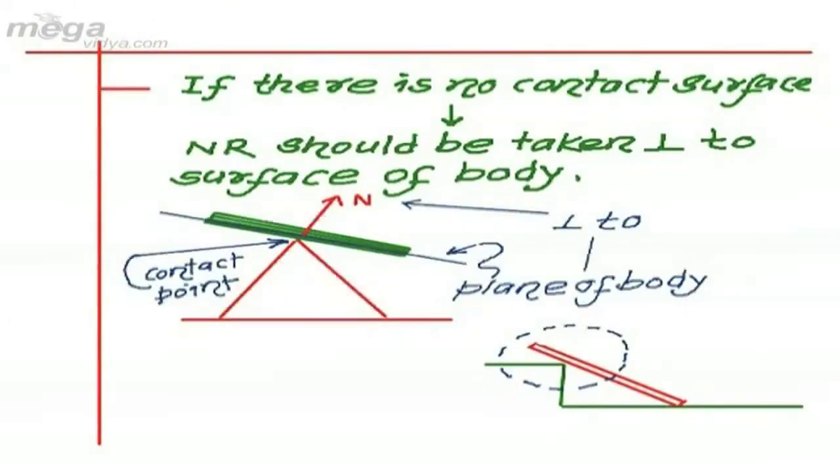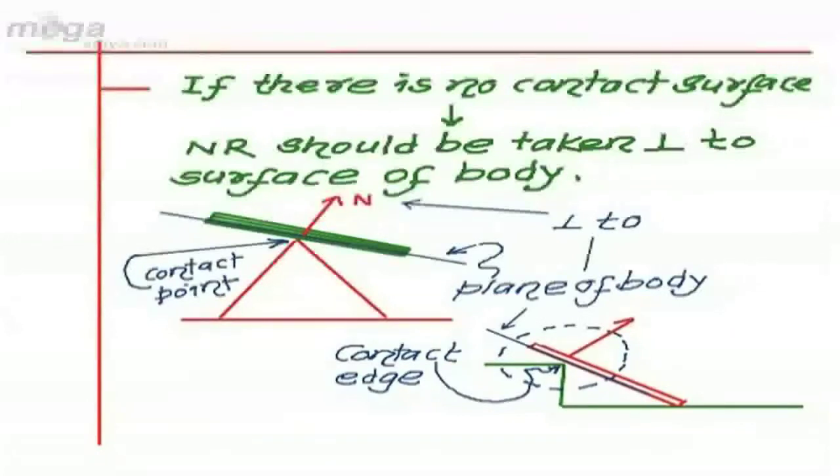If this contact is taken, you can say there is a contact edge, as we have discussed in the past also. What we will try here is to draw the plane of the body, which is obviously in this line. Now normal reaction must be perpendicular to it, so I will draw normal reaction perpendicular to this rod for this contact.